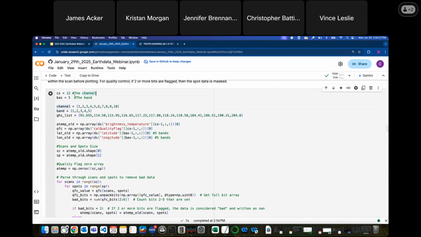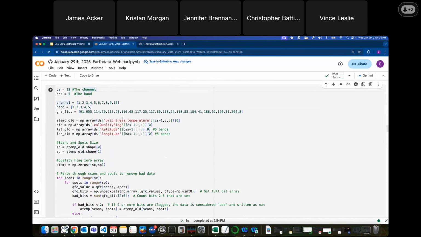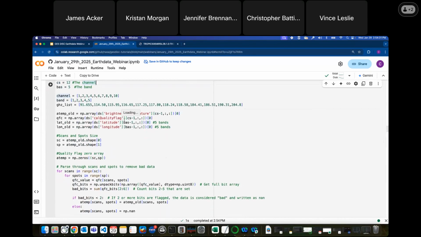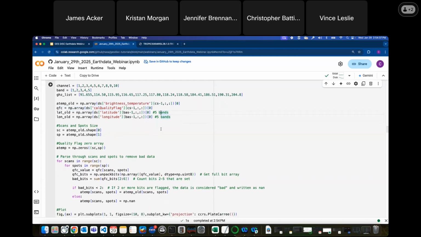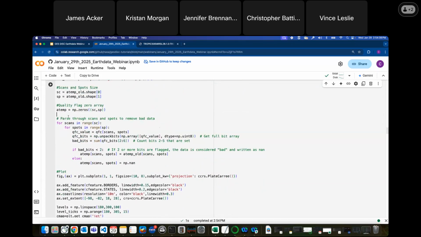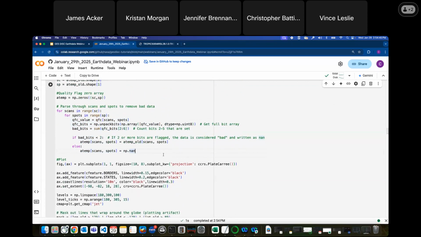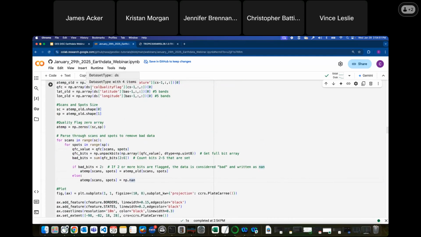In this case, we're looking at the 12th channel and the 5th band, which correspond to the upper part of the hurricane for our brightness temperature variable. Then what we do is we load all of those into variables, and then we parse through all of them to perform our quality control filtering. So for TROPICS, for some of these collections, there are these bits in this QFC variable here called cal quality flag.